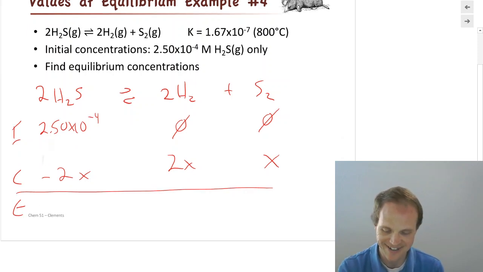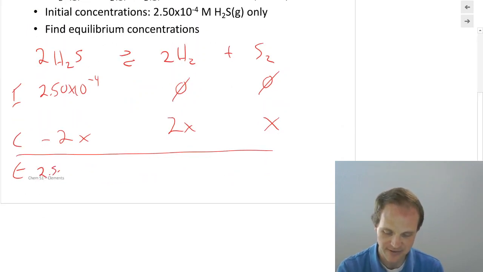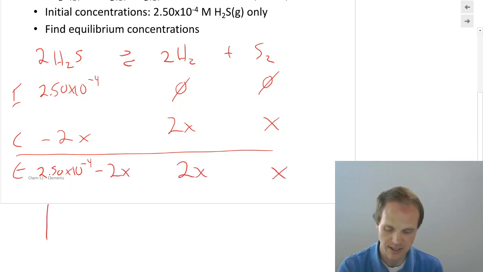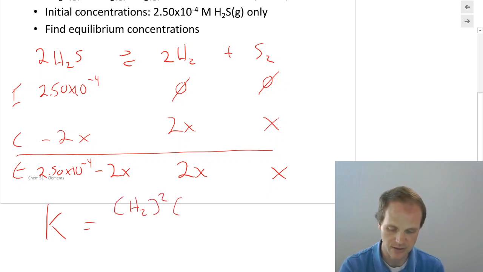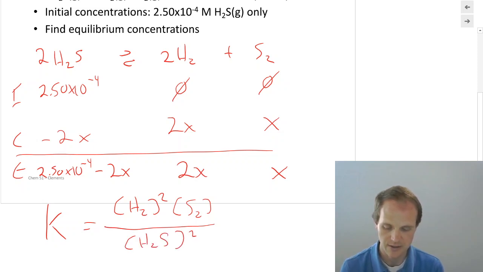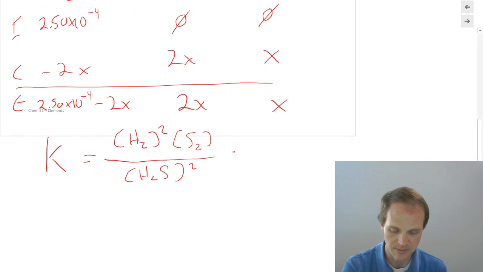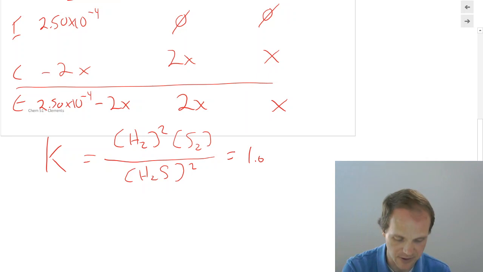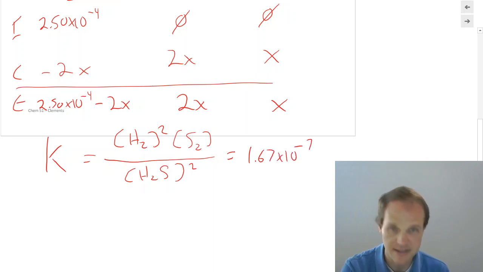We're going to add that up and get 2.50 times 10 to the minus 4th minus 2x, 2x, and x. We write our K expression, which is going to be the concentration of H2 squared, the concentration of S2, over the concentration of H2S squared, and plug in our equilibriums. Let me make that equal to our value, which was 1.67 times 10 to the minus 7th.